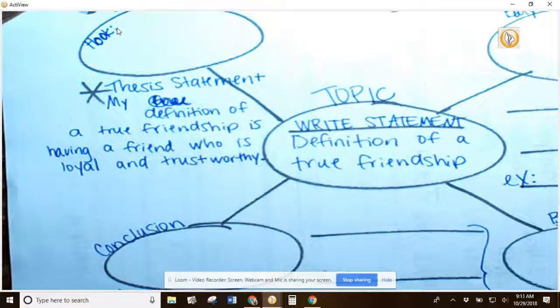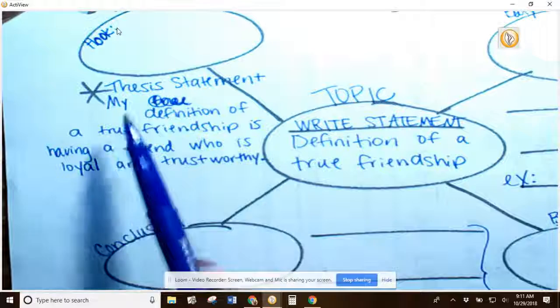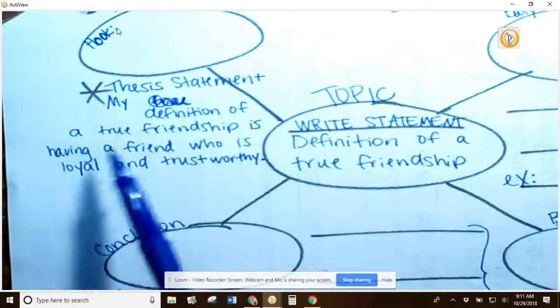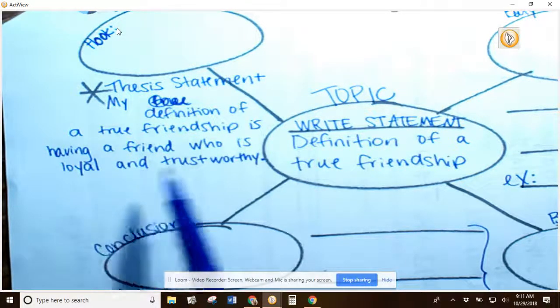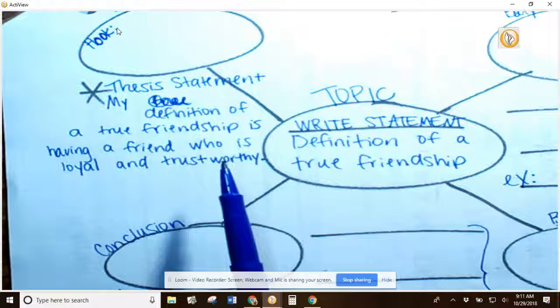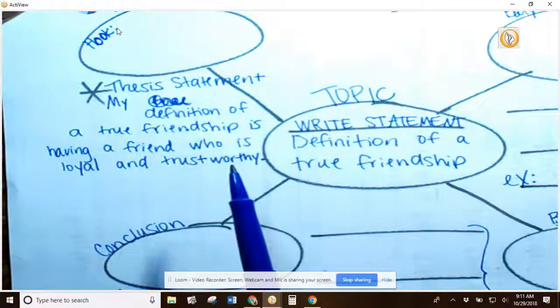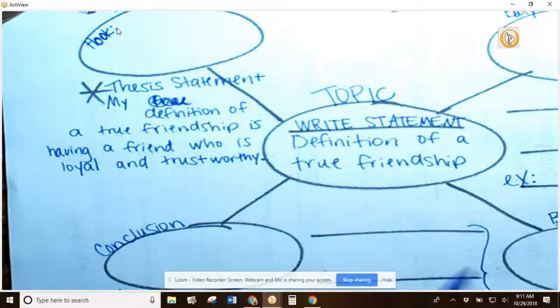That's just kind of how I've chosen to go about it. You could say, my definition of a true friendship is a friendship that includes or shows loyalty and trust. Okay, you could word it a little bit differently, but it's still covering those two main ideas, right? So my definition of a true friendship is having a friend who is loyal and trustworthy.